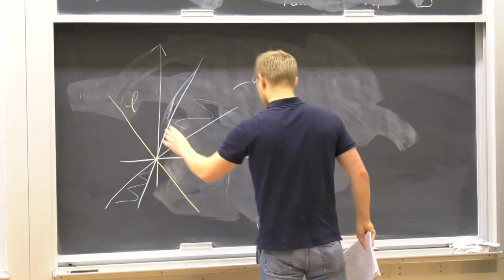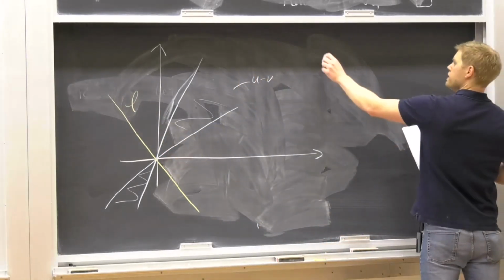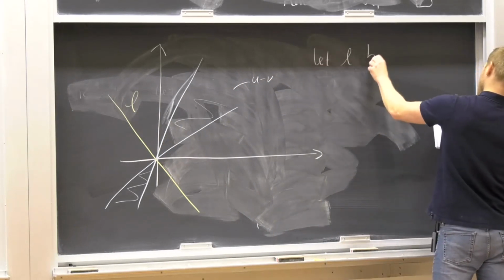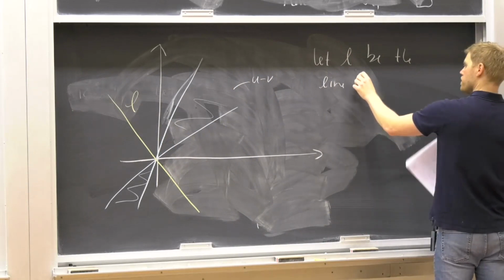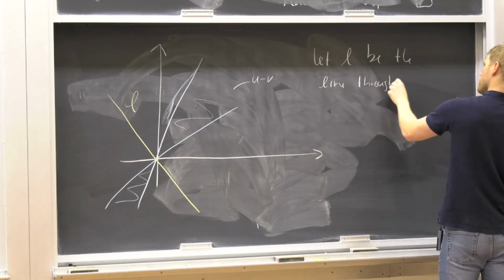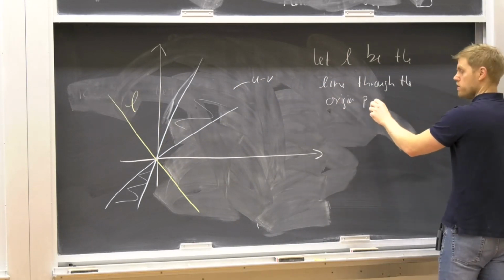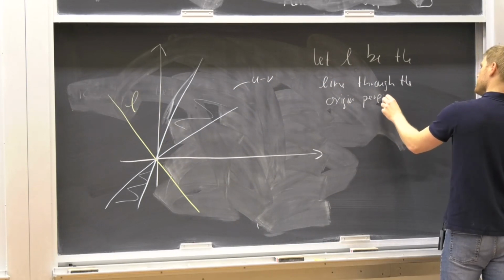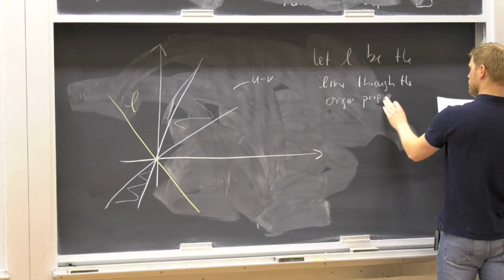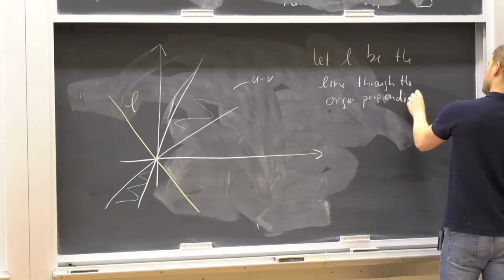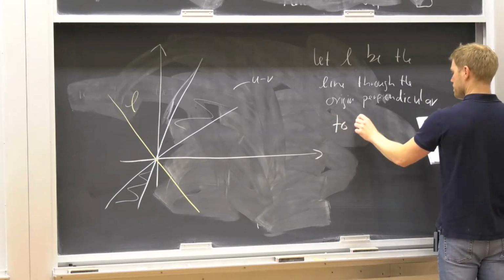Let's call this L. So let L be the line through the origin perpendicular to C, to the axis of C.